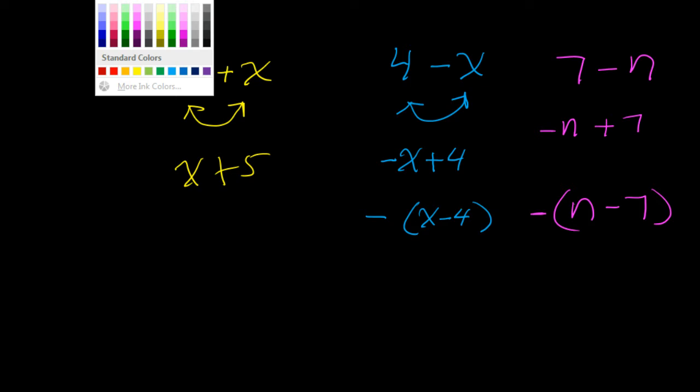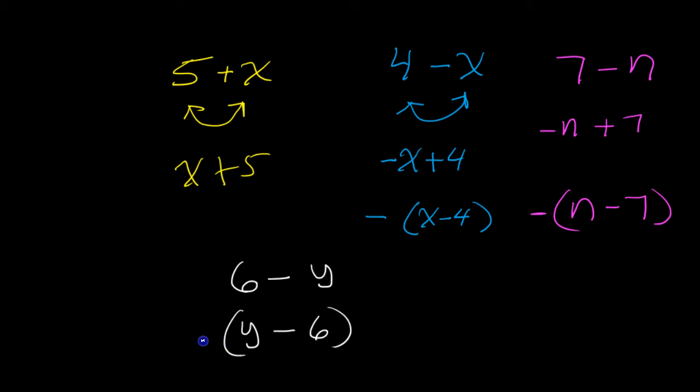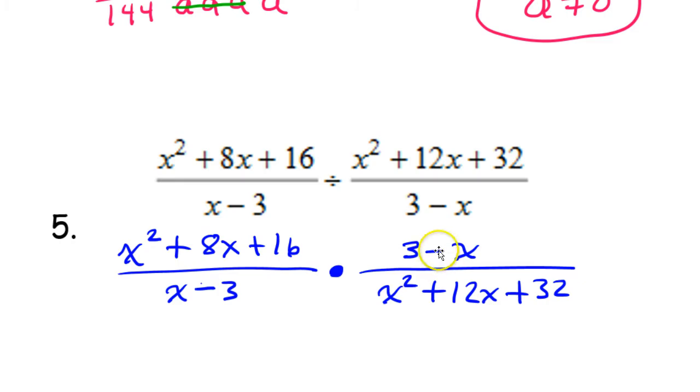Let's practice that one more time. Say I had 6 minus y. This is not in standard form. I can write y minus 6 as long as I put a negative out front. Okay, so that will often come in handy.